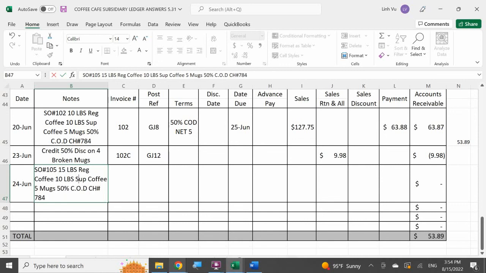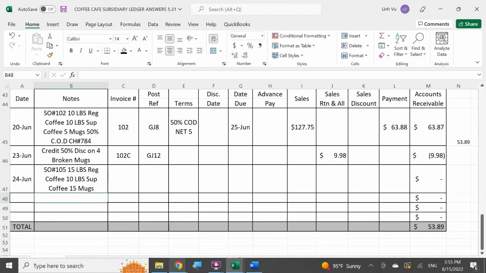So the invoice is 105. Yes. And then it's 1% net 15, net 30.